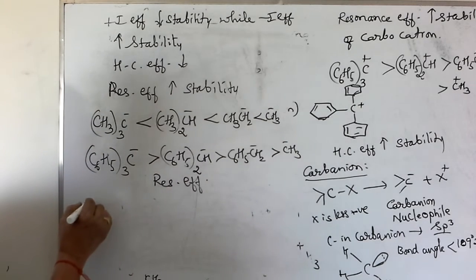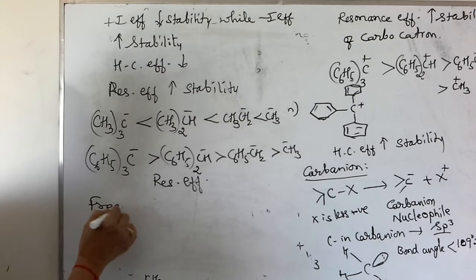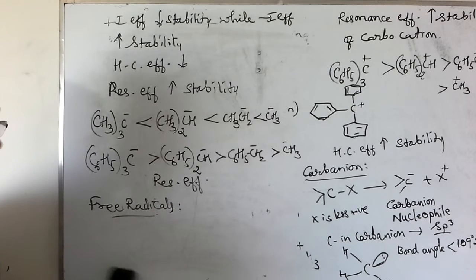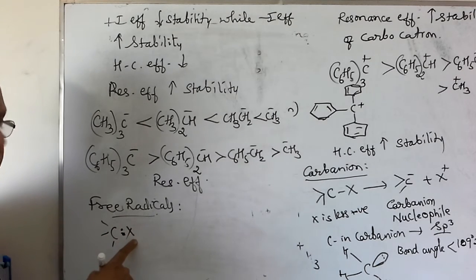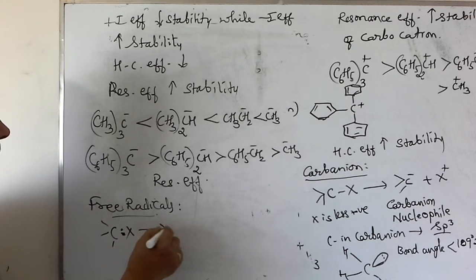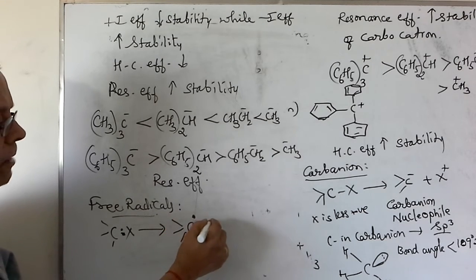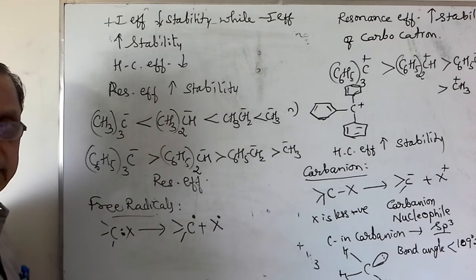The last one, free radicals. These free radicals are formed due to homolytic bond cleavage. Suppose we have a carbon with 3 covalent bonds and one containing group X. If this undergoes homolytic cleavage, then we have one unpaired electron on the carbon atom and one unpaired electron on the X group.